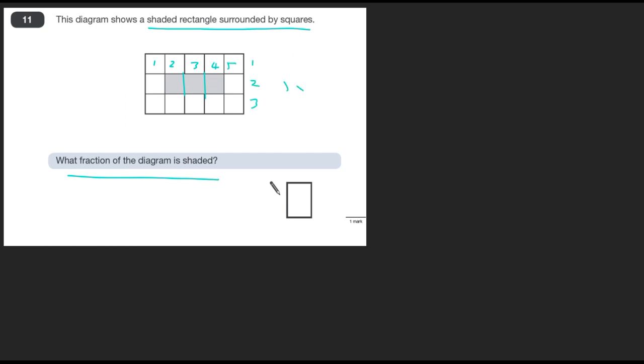So 3 times 5 is a total of 15 squares. On that, 3 are shaded. So 3 over 15 is the correct answer. You need to simplify it if possible, to 1 over 5. It depends on the marking scheme. It didn't ask for simplified, so either will be correct. If it asks for the answer in the lowest terms, you need to simplify.